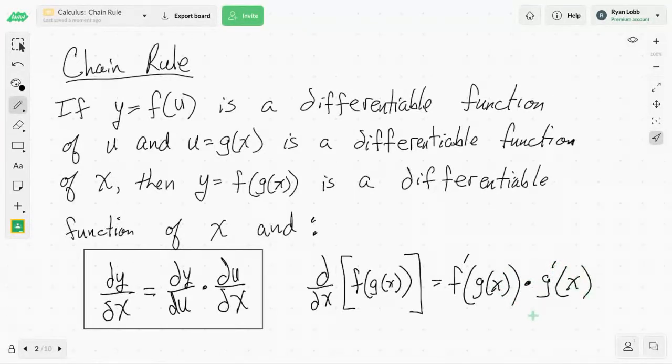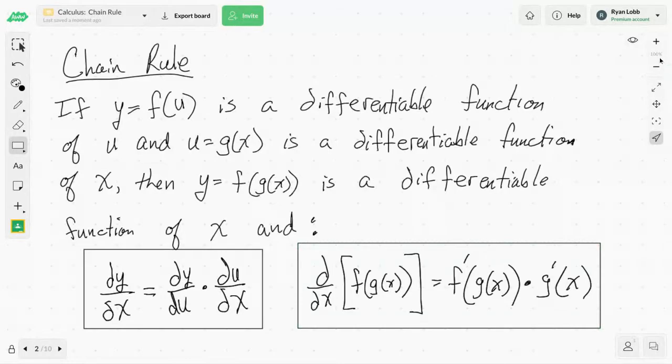So there's the other one. The derivative of f of g of x, so think composite function, inner and outer functions, is f prime of g of x times g prime of x.